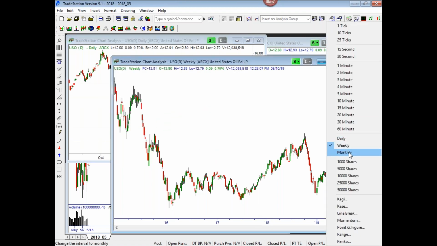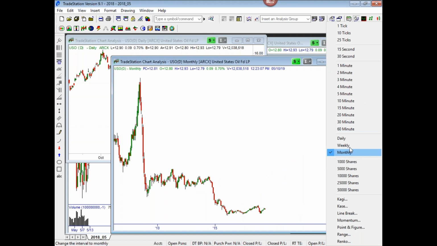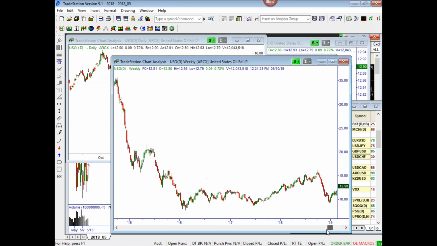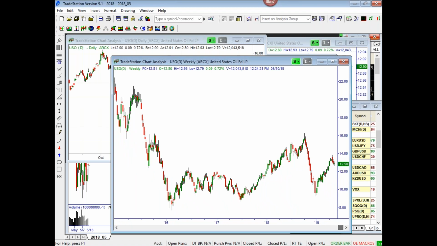Let's see the monthly. That doesn't really show me too much. I think this is going to try to push a bit higher.